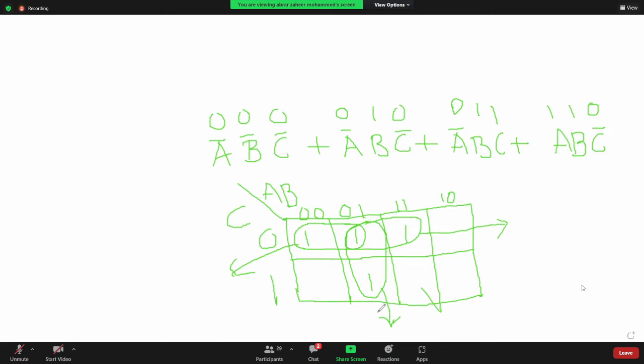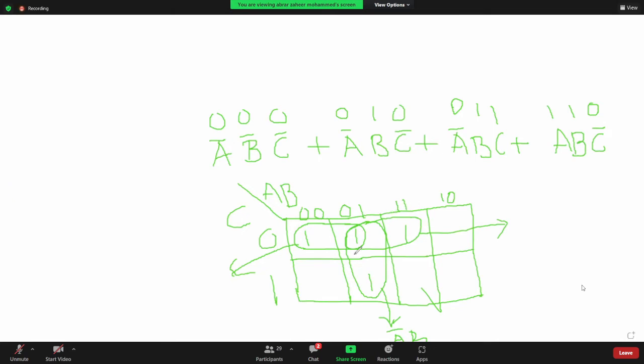So for these two ones, the expression will be A bar B, because the value of A is 0 and the value of B is 1. So for 0, we write A bar, and for 1, we write B. For these two ones, the value of C is 0 and the value of A is changing from 0 to 1, but the value of B is 1.